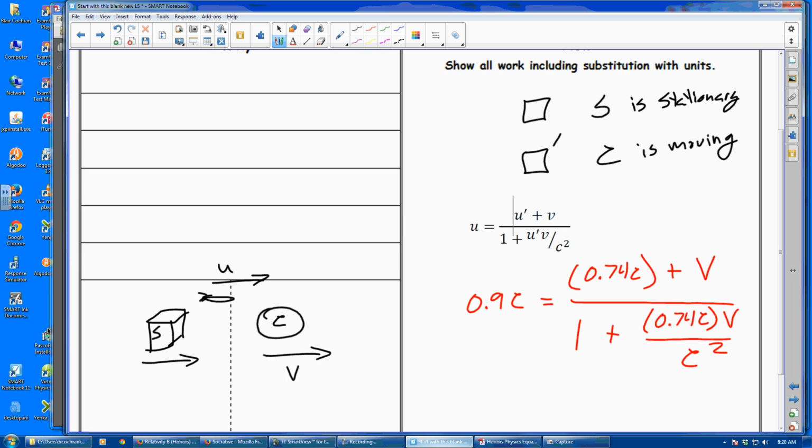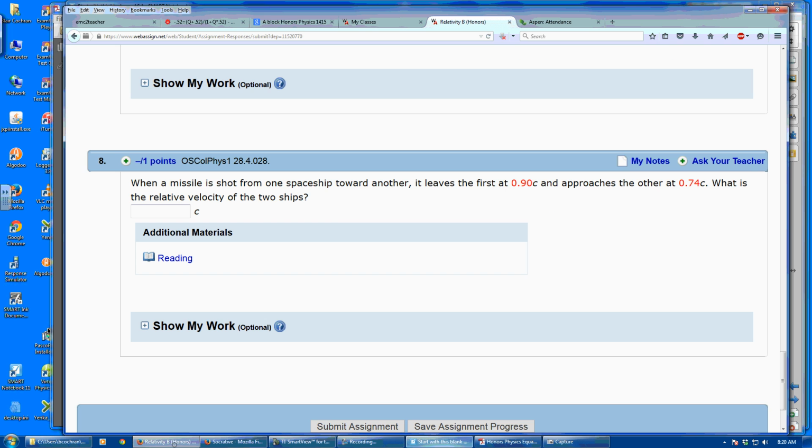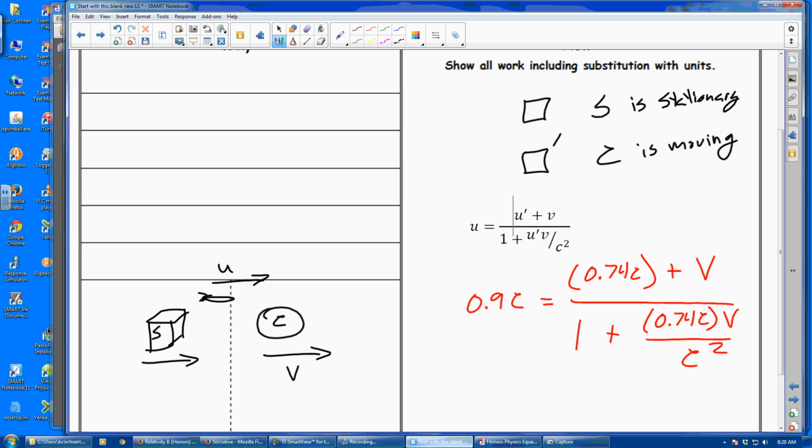Oh, I love it when I just get one variable. Am I going to solve for v or solve for v over c? Solve for v over c. Yep. Because they asked me for my velocity in terms of c. So rather than finding my velocity, v, and then saying, well, I need what v is in terms of c, if I solve for v over c, I just get the coefficient in front of c.